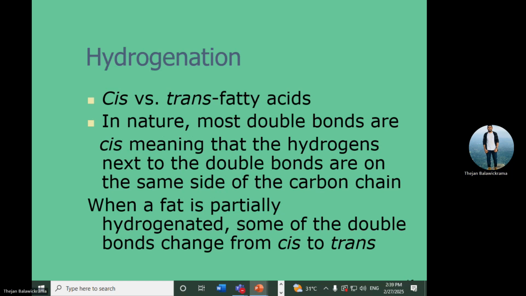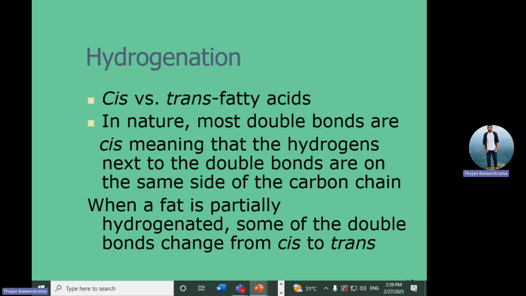Okay. So saturated and unsaturated are introduced, and also monounsaturated and polyunsaturated that we know right now. And there's another thing that I need to talk about. That is about cis and trans. When it comes to fatty acids, this is not for saturated. Saturated has no cis-trans.